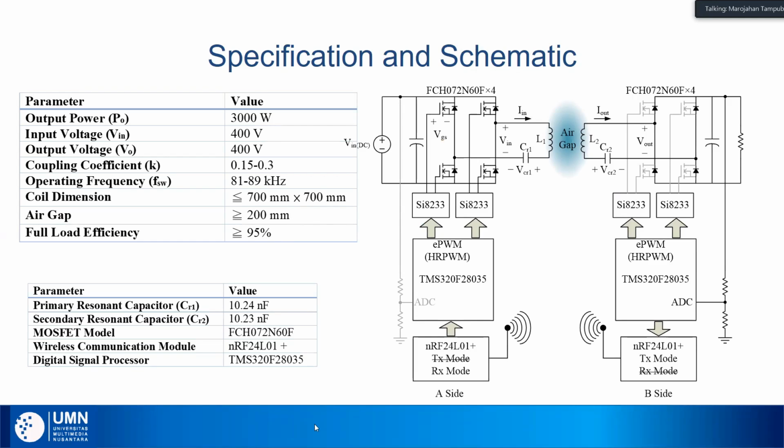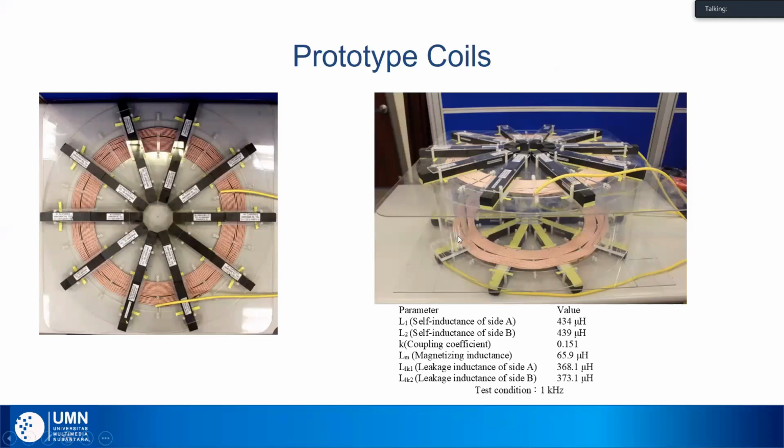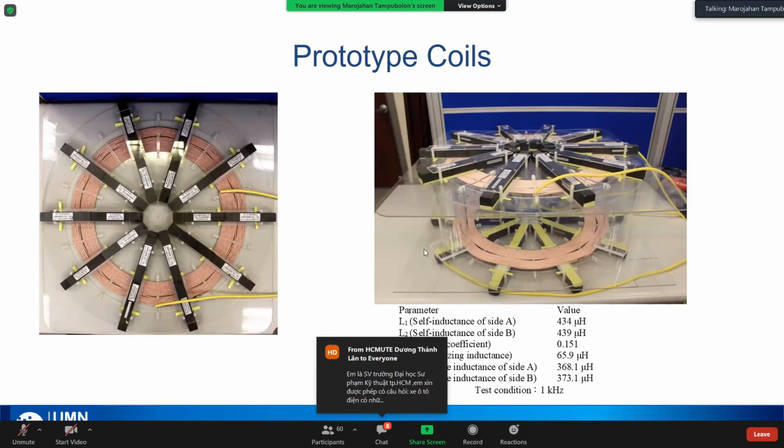That's the target. For the compensators, we have resonant capacitors of 10.24 nanofarad and another one of 10.23 nanofarad, and we use Wi-Fi for communications. Okay, and we have this coil before, and this one is for 3 kilowatt.